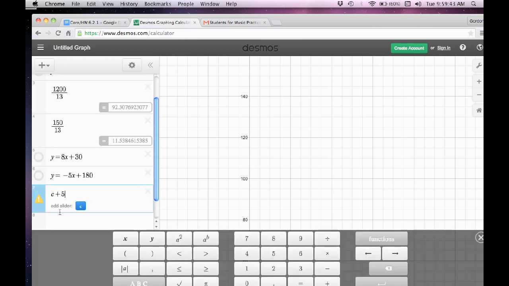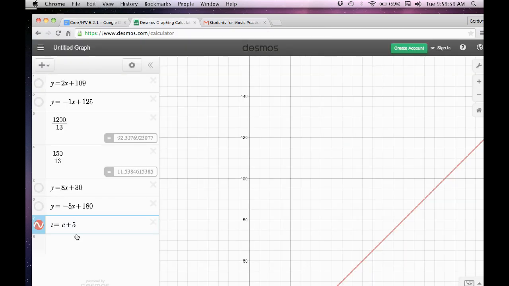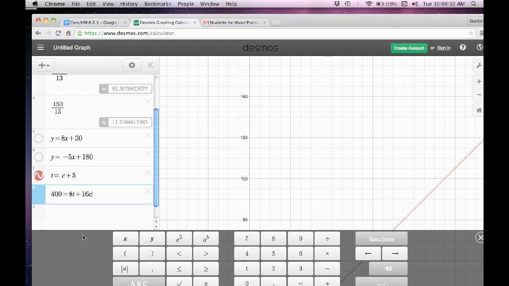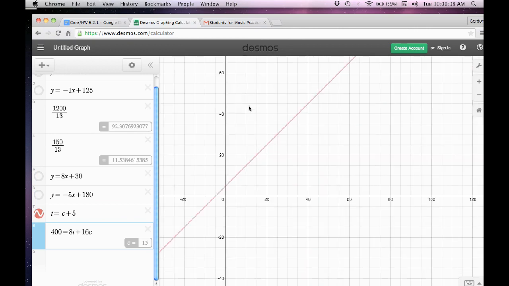I'll put t equals c plus 5, and then I'll put 400 equals 8t plus 16c. It's always good to put the original version so that if you've made any errors, it'll still show up. Okay, so we're hoping that these two will intersect at a certain point.